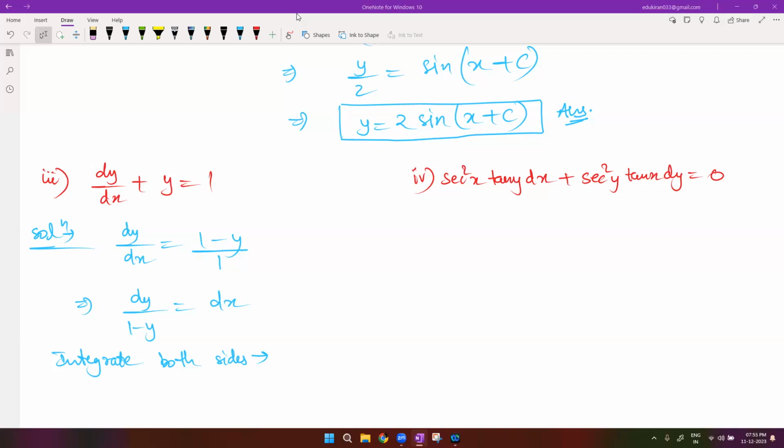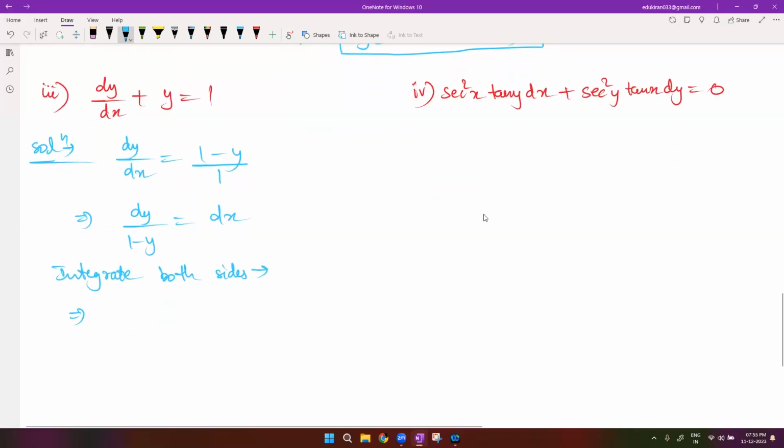Third question is pretty simple. If I integrate dy upon 1 minus y, so this is an integration of log, right? This should be log of 1 minus y.